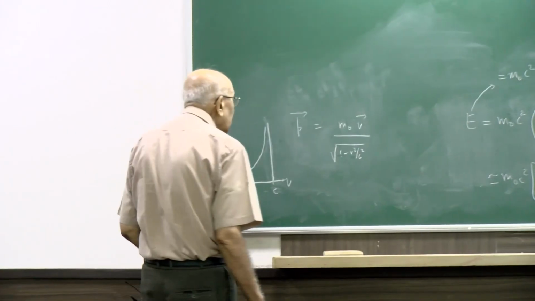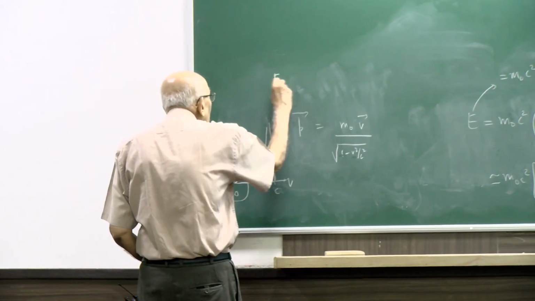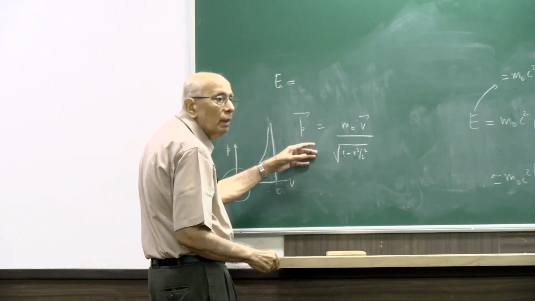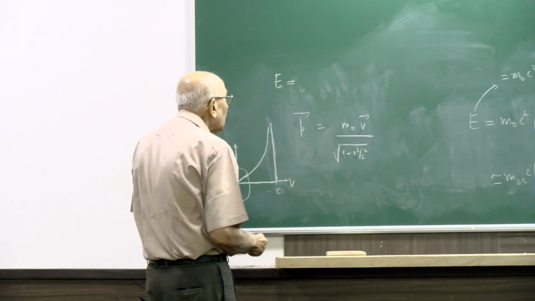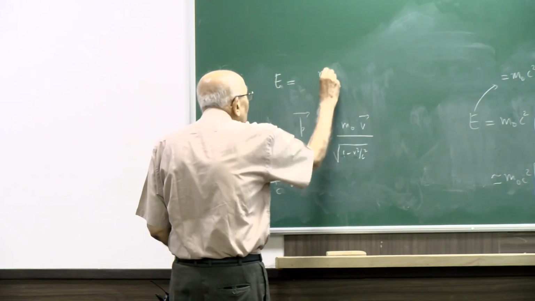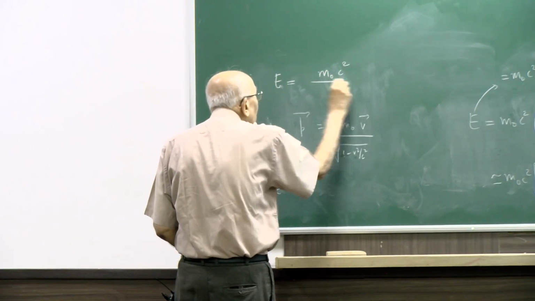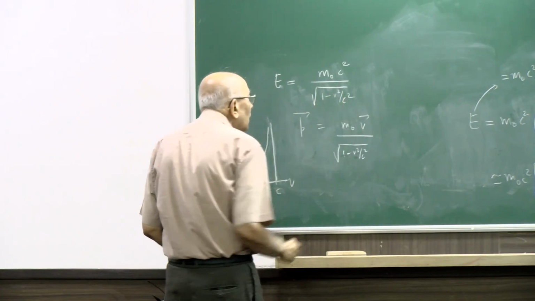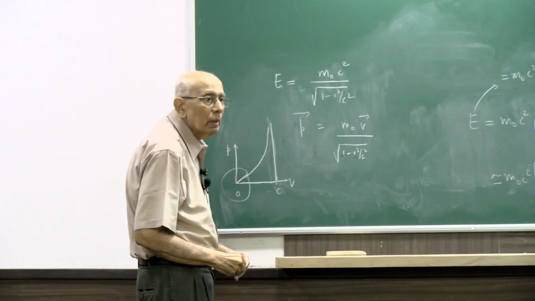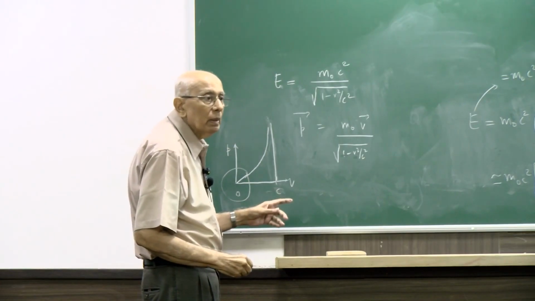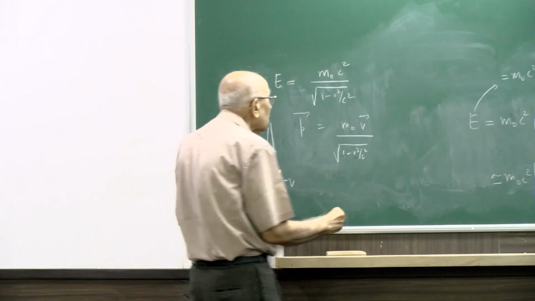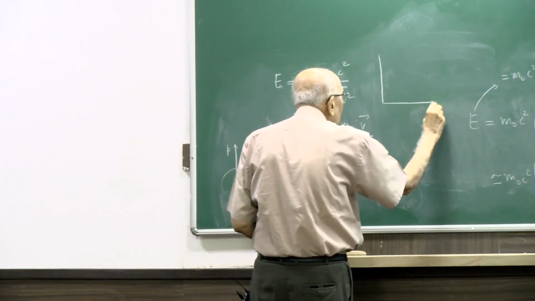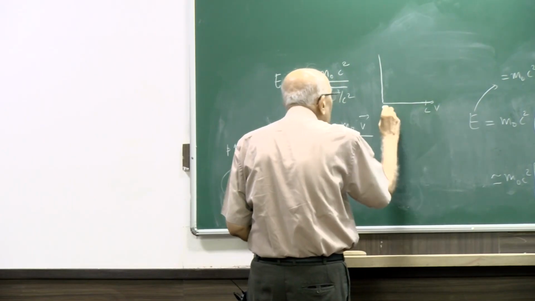You can also ask, what is E? What does the energy become? By using that quadratic formula and plugging this in for the first term, then verify this. That's what the energy turns out to be as a function of v. We already plotted E versus p, but now let's plot E versus v. And here is c.